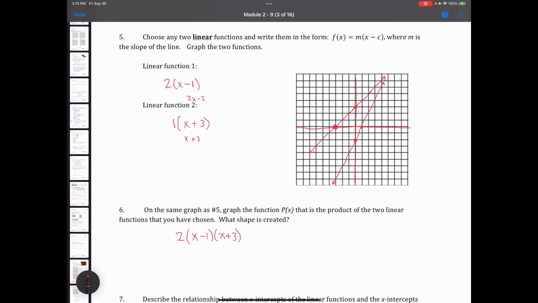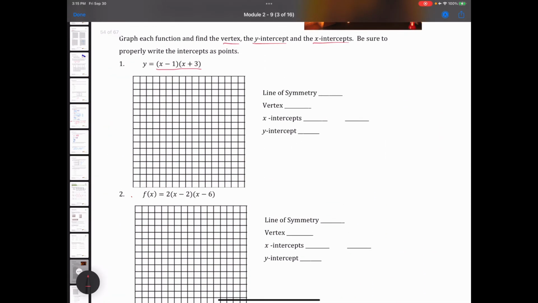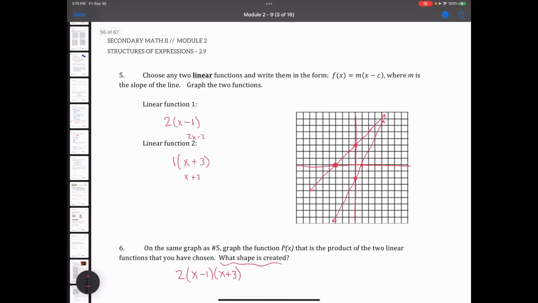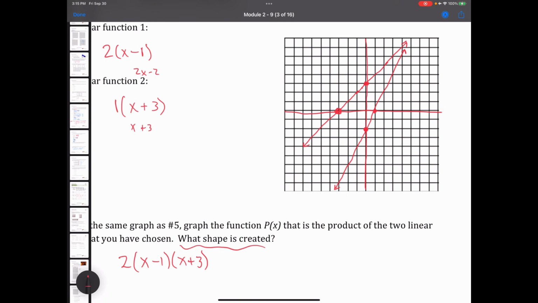Now, what shape is created? Well, that looks awfully similar to what we had previously up here, where we had all of those different x-intercepts, and we got parabolas, right? So if I look at this as a parabola, I can say, here's one x-intercept, here's another x-intercept. So that is right there and right there.